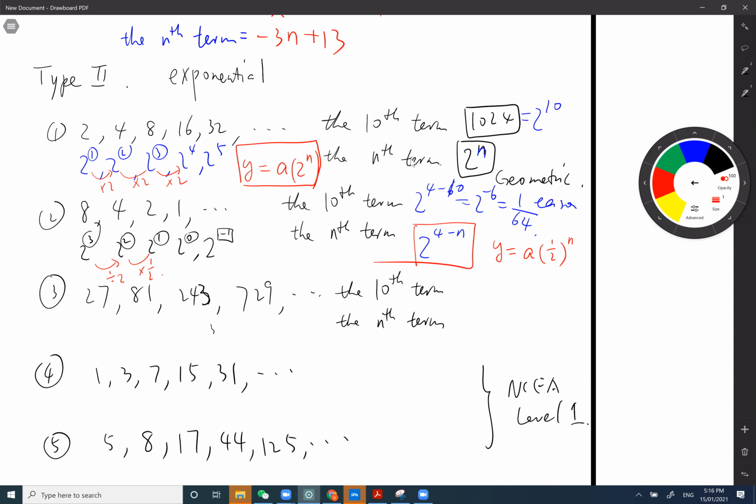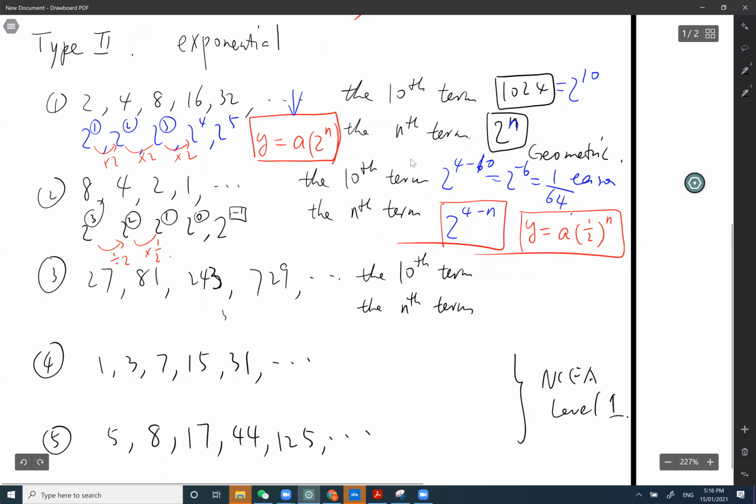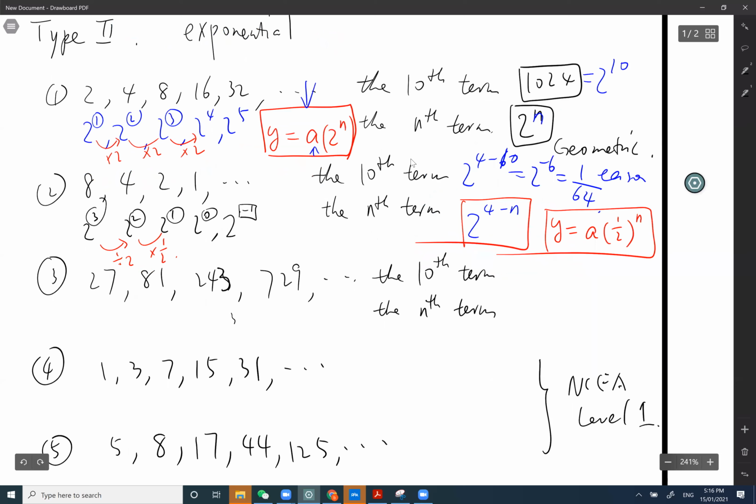Now our question: how do we determine little a? For the first one, how do we determine little a? Victoria, to find the equation, how do we determine the little a here? A very important method called substitution. If n equals 1, our value equals 2.